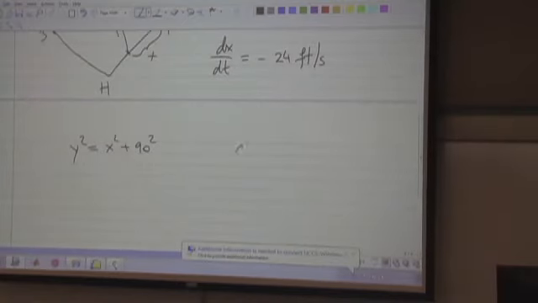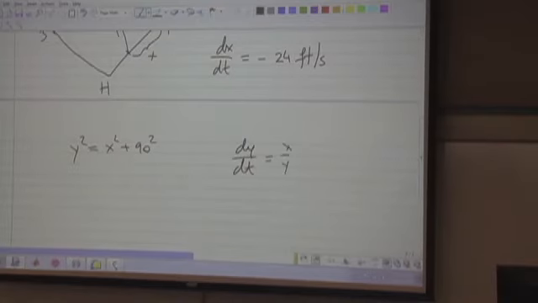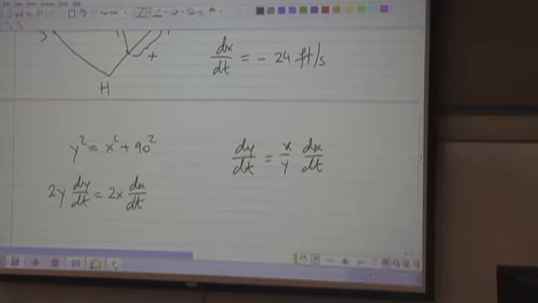Simplify, and dy over dt is just going to be x over y dx over dt. Too fast? 2y dy dt equals 2x dx dt. And if you want to solve for dy over dt, you divide by 2y on both sides.